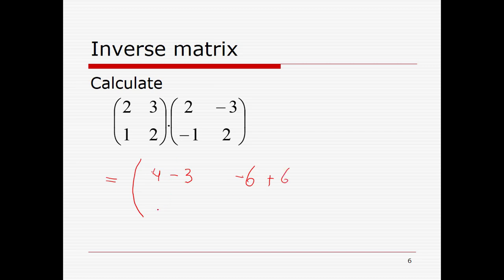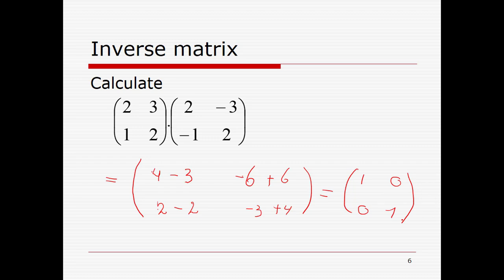And for this one here, we have second row, first column, so 1 times 2 plus 2 times minus 1 would give us 0. And this position here would give us minus 3 plus 4. If we calculate this one, that will give us 1, 0, 0, 1.